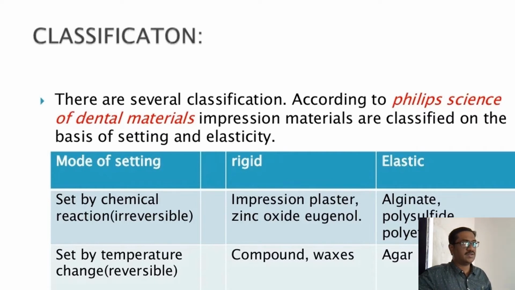That's why we use that special tray to make a selective pressure impression. So zinc oxide eugenol is used as a selective pressure impression technique. Even different consistencies of elastomers can be used, putty and light body. This is a combination we are going to make with the impressions. Okay.